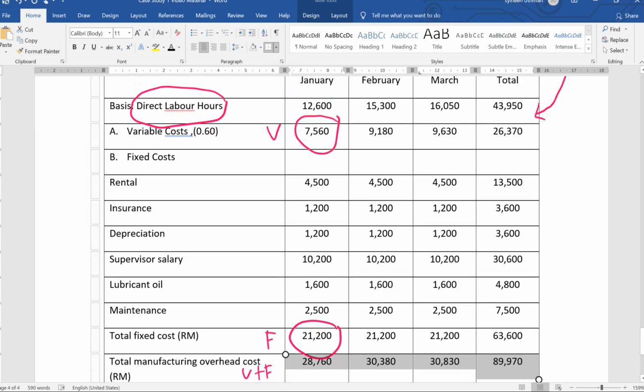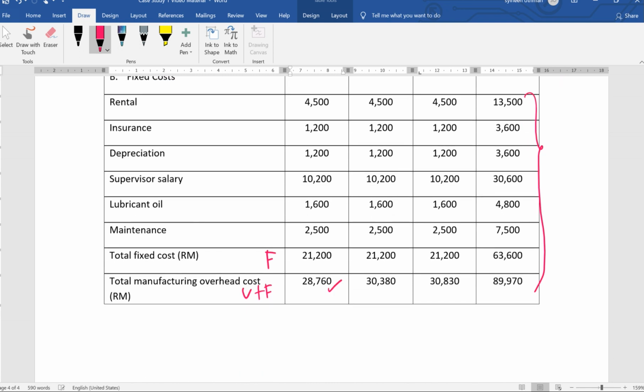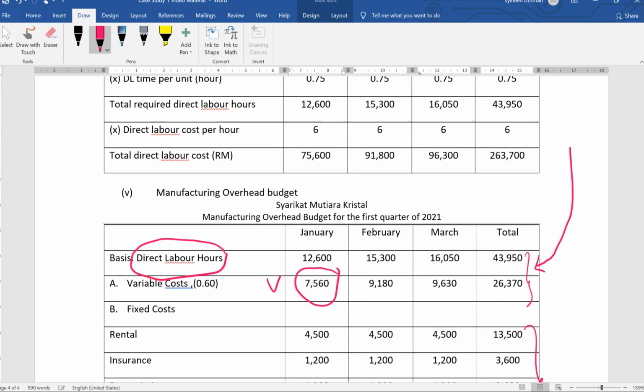So 7,560 plus 21,200, we will get the value of 28,760. So for variable overhead, in the total column we do add up everything. Okay, so that shouldn't be a problem.